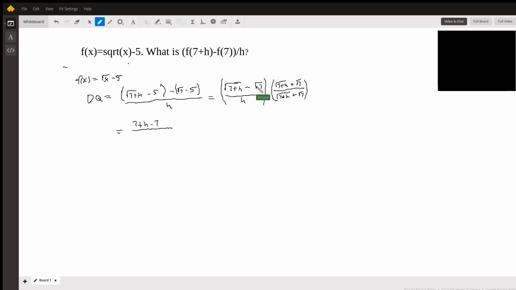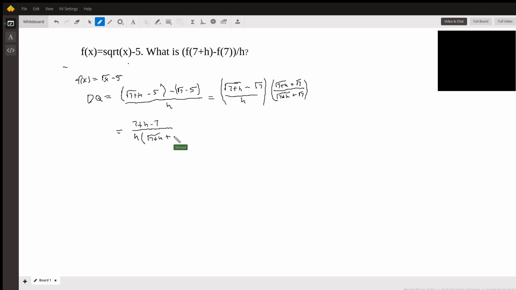The square root of 7 plus h times the square root of 7 plus h is 7 plus h. The inners cancel with each other, and then the outer is just square root of 7 times square root of 7, so negative 7. And on the bottom, we're left with h times the square root of 7 plus h plus square root of 7, since we're not going to be able to simplify that at all.